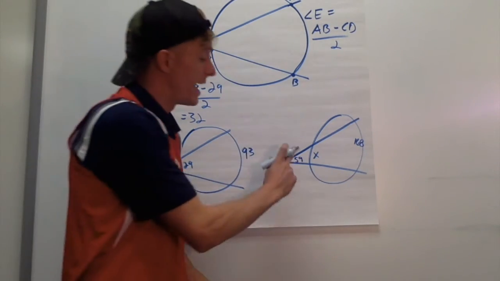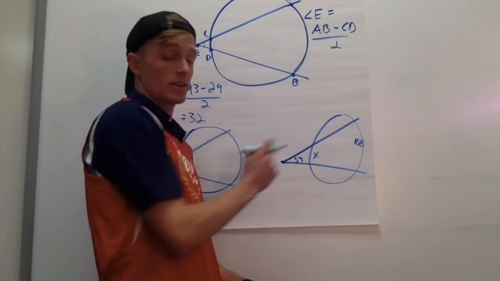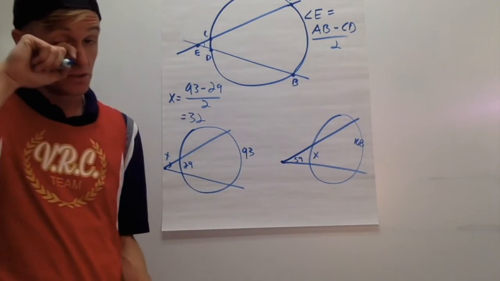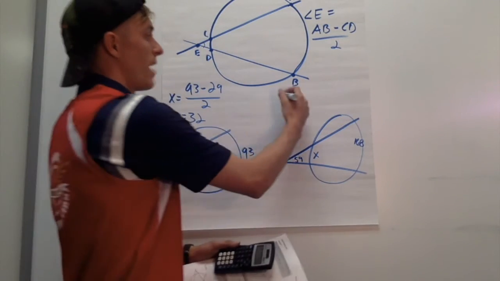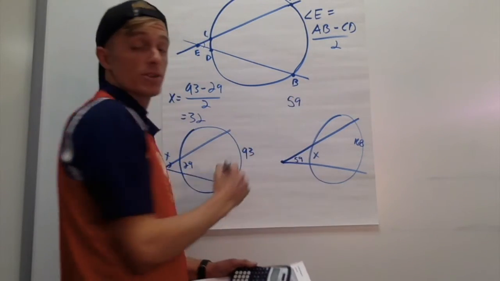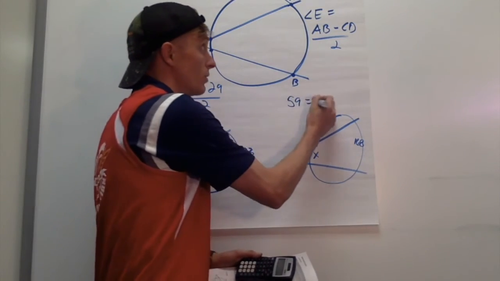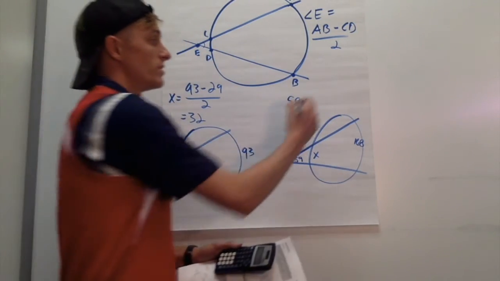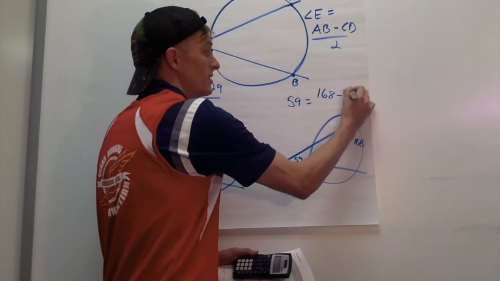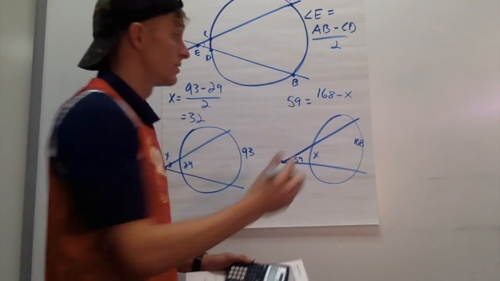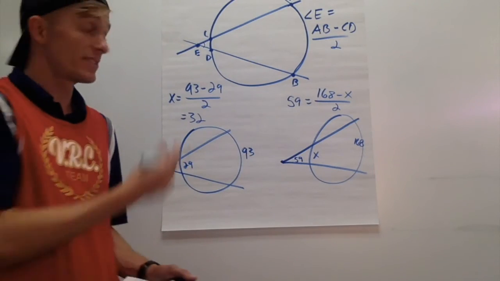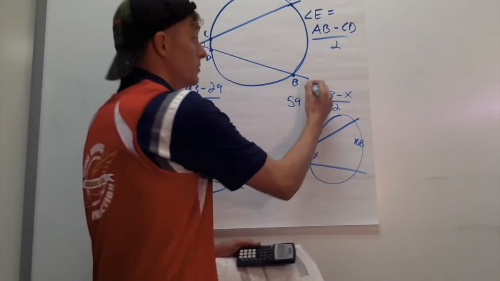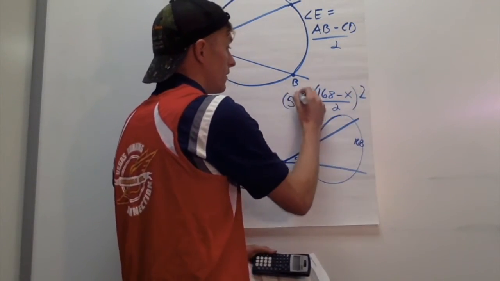This time they gave you the angle measure, and they're saying find the arc length. Find that missing x. I know what the angle measure is, so 59 equals 168 minus x, which I have no idea what that is, divided by 2. That's just an equation we can solve. So we multiply both sides by 2.